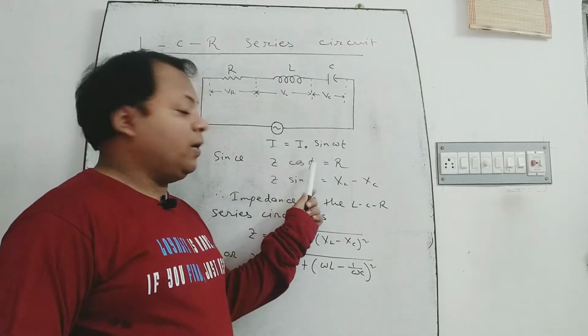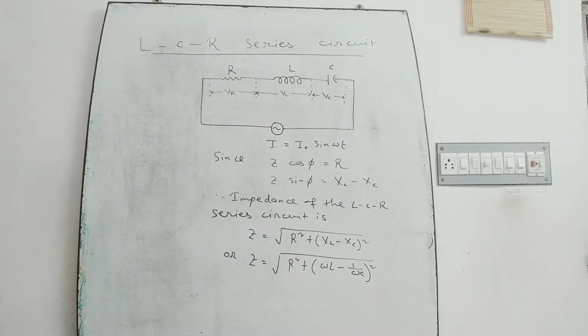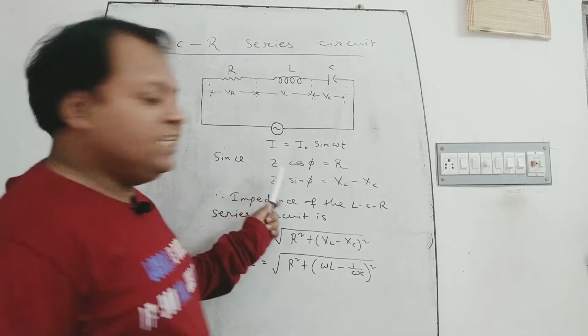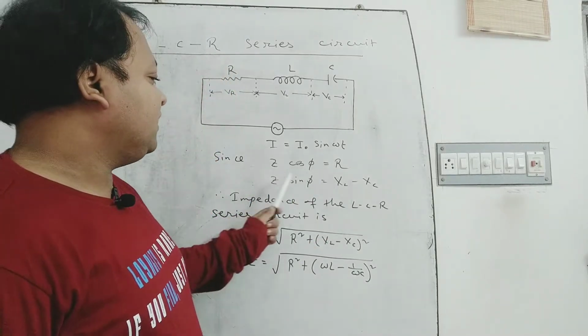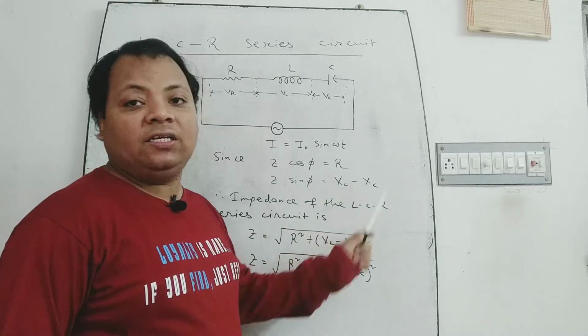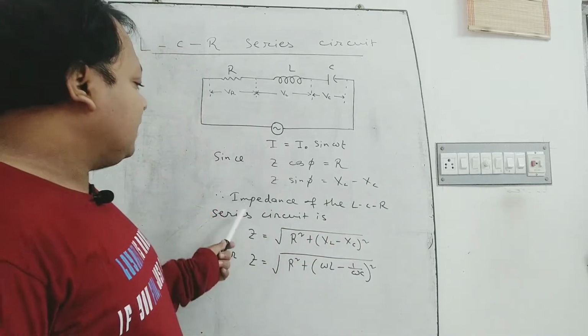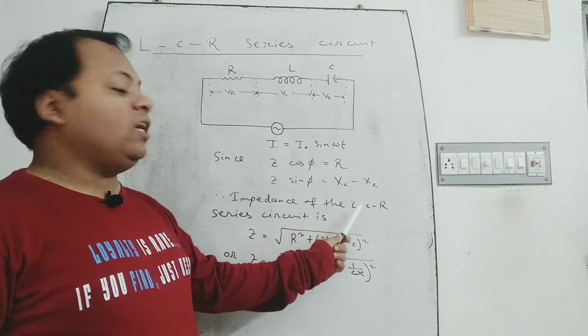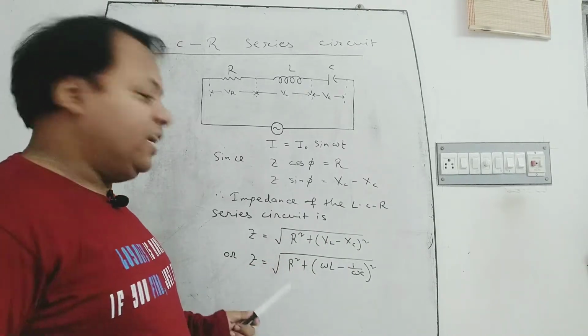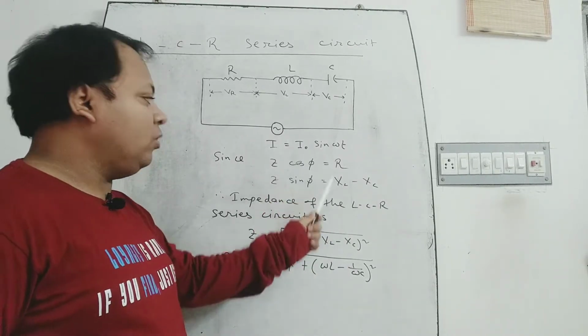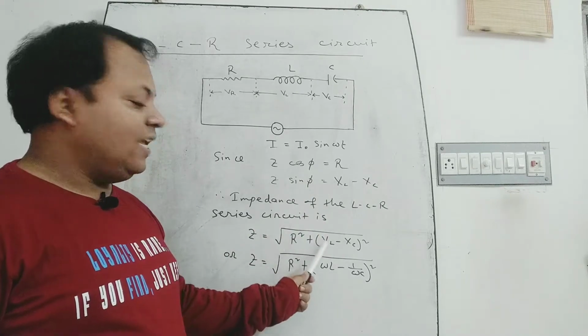Now we know that Z cos φ is equal to R, and Z sin φ is equal to XL minus XC. That's why we can write the impedance of the LCR series circuit: Z is equal to the square root of R squared plus (XL minus XC) squared.